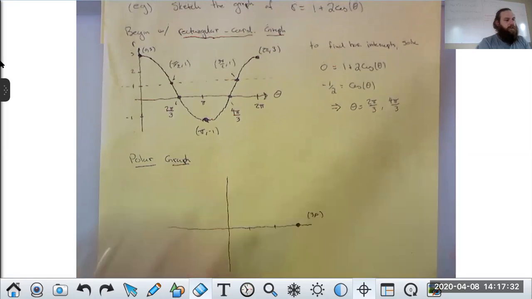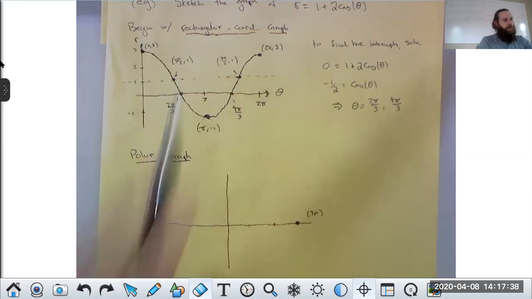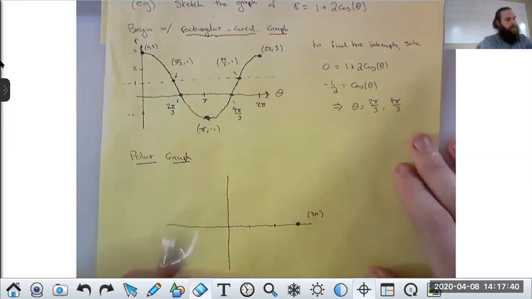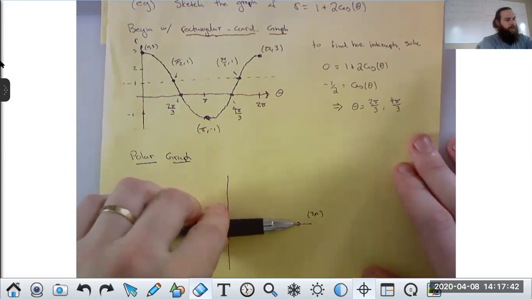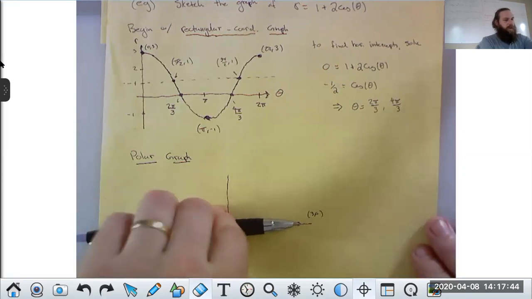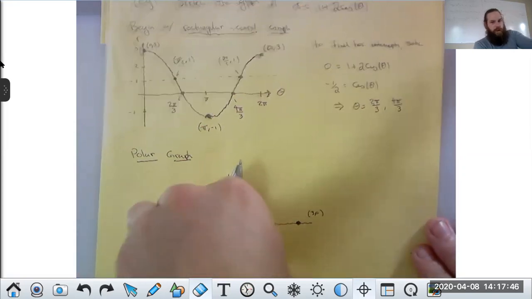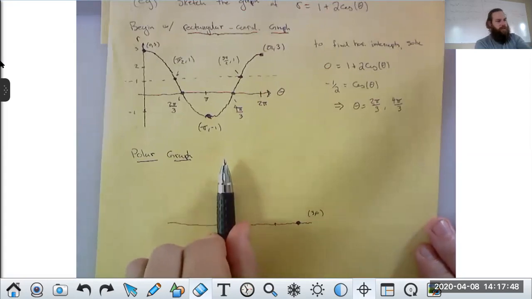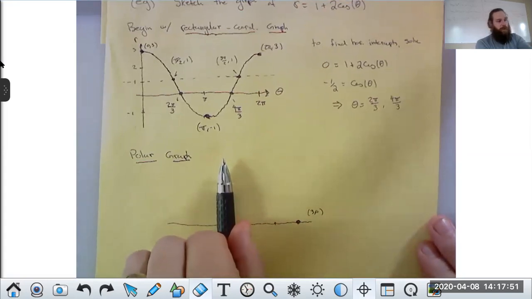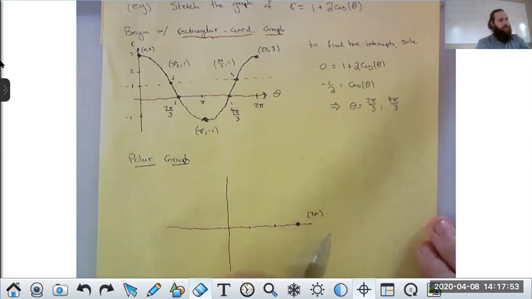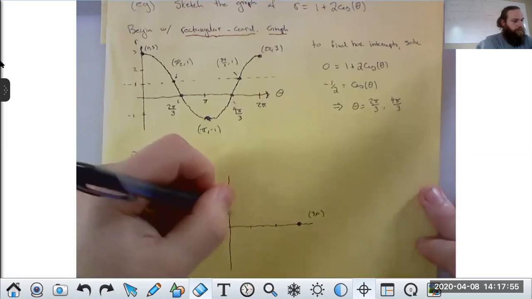I think the next explicit point to plot for us would be the pi over 2 comma 1 translated point. So as this arm rotates up, this dot is running in along the arm, and by the time theta is pi over 2, r has retreated from 3 down to 1.